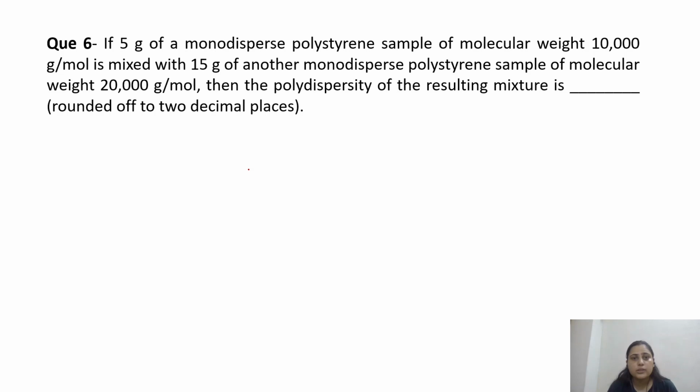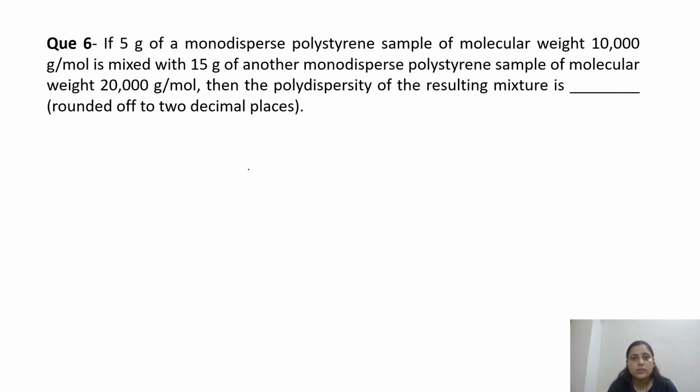So there are two monodispersed polystyrene samples, one with 5 gram weight and molecular weight 10,000, mixed with another of 15 gram weight and molecular weight 20,000 gram per mole, and both combine to form the final mixture. We need to calculate the polydispersity of the resulting mixture.